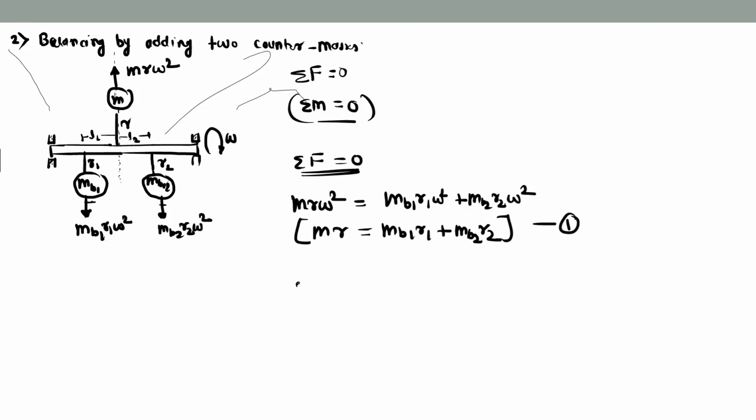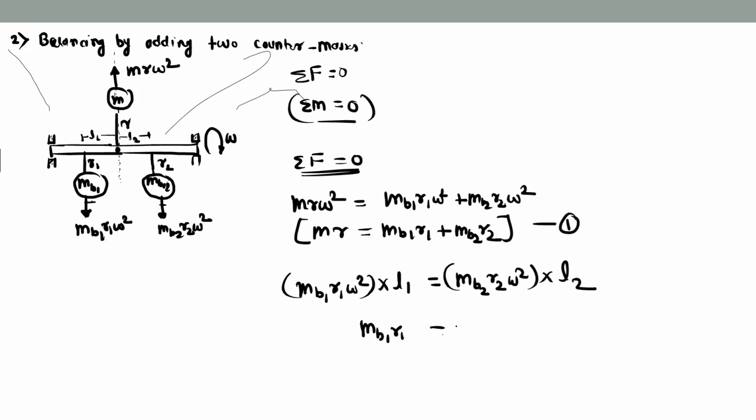So moment will be mb1 r1 omega square, this is the force value, into perpendicular distance L1 from this point. This moment must be equal to mb2 r2 omega square into distance L2. Omega is the same, so we can write mb1 r1 L1 equals mb2 r2 L2. So this is the second condition.